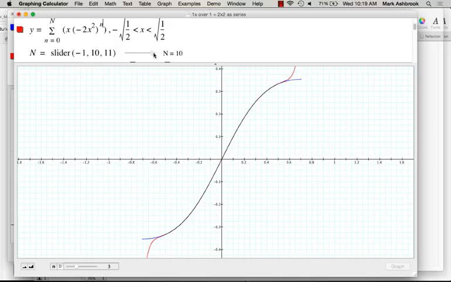So the 11th partial sum is good for about 90% of the interval. It's so close we can't tell the difference. It's just right at the ends where the approximation diverges. And again, the more terms that you add, the better and better it's going to converge on or approximate the original function, which we have in blue.